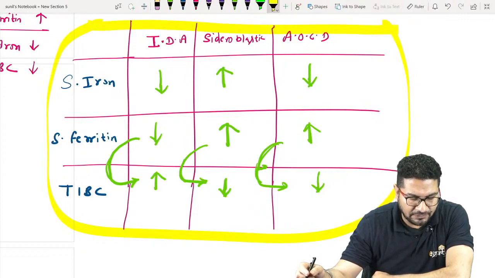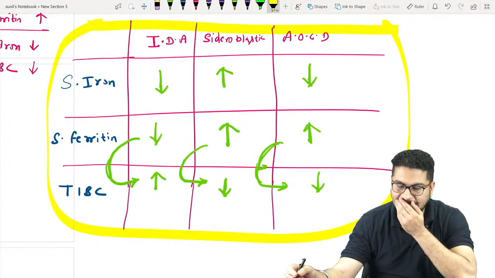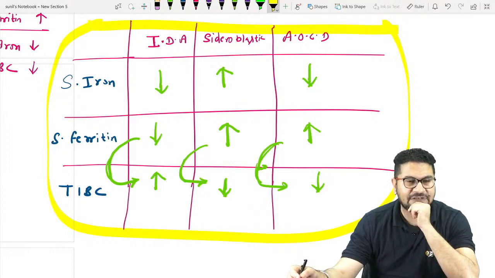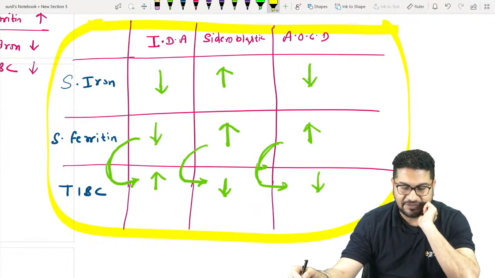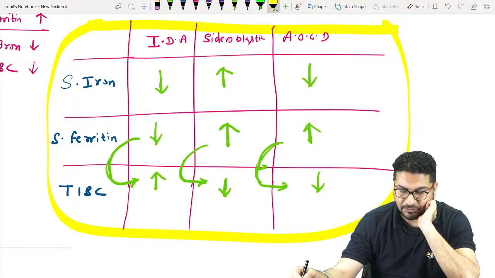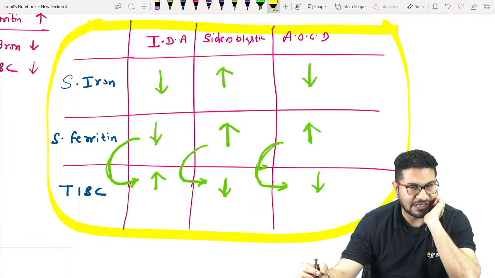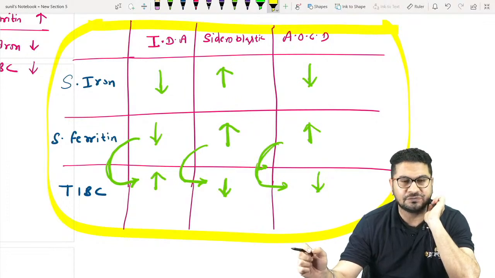If I ask low TIBC with increased serum iron, sideroblastic. Low TIBC with decreased serum iron, AOCD. Clear? This is the type of question they want you to solve. So this is very, very important.